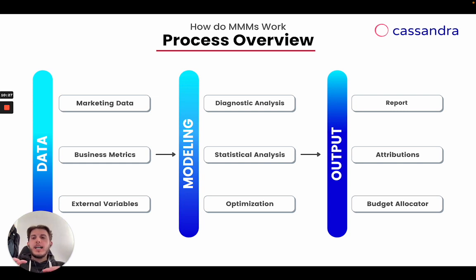And mainly the data can be divided into these three categories. The first is marketing data, such as how much you are spending on your marketing channels, how many impressions you are driving, how many clicks you are driving. And this is different from saying how many conversions you are driving from your marketing, because impressions or clicks are ground truth.